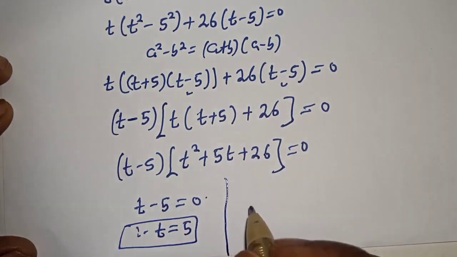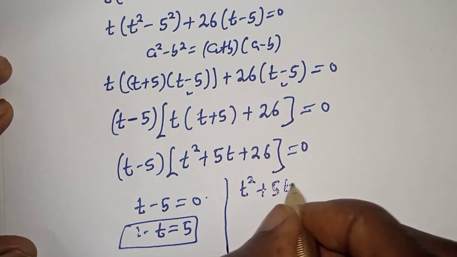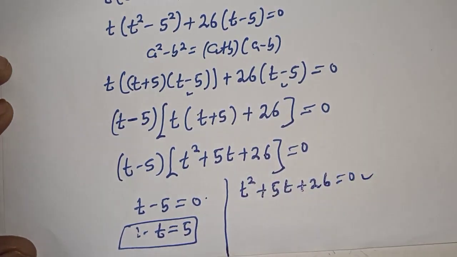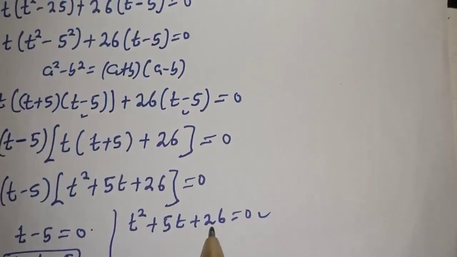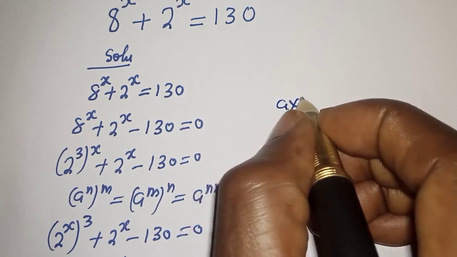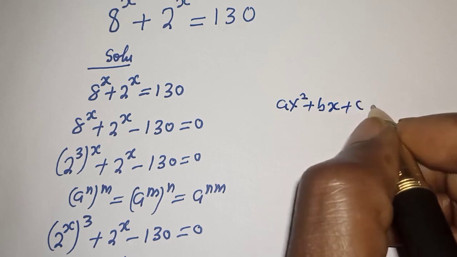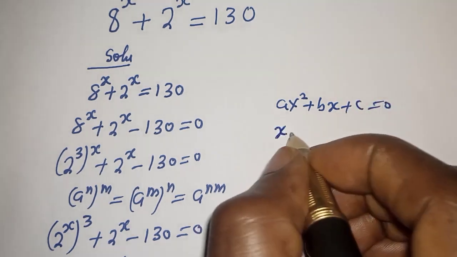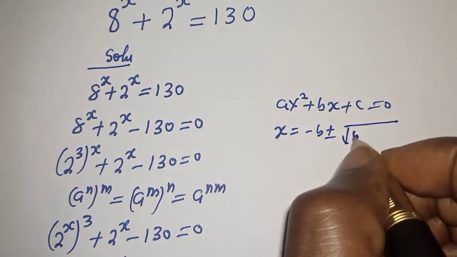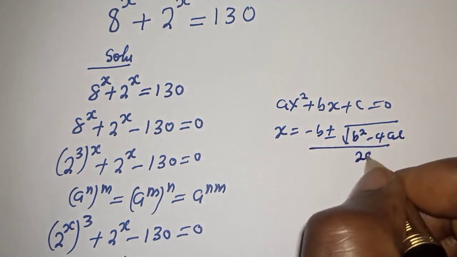And for the second case, t squared plus 5t plus 26 is equal to 0. This is a quadratic equation which can be solved using the quadratic general formula. ax squared plus bx plus c equal to 0, x is equal to minus b plus or minus square root of b squared minus 4ac over 2a.